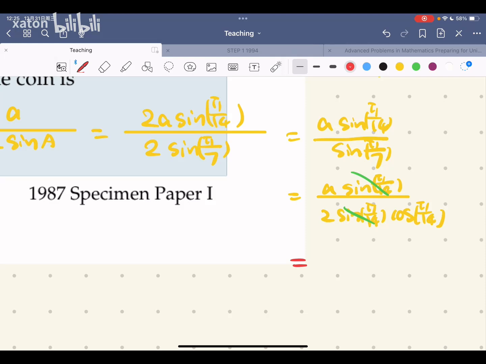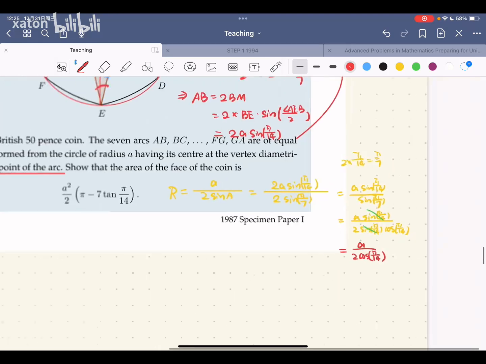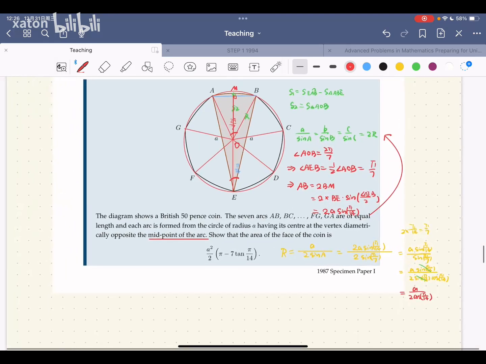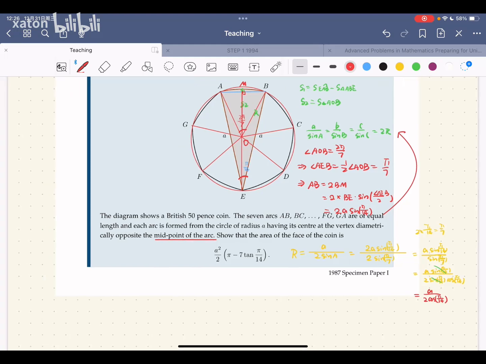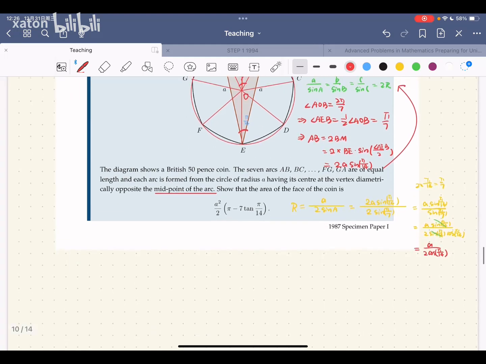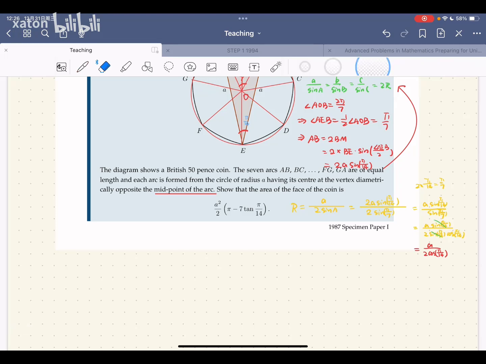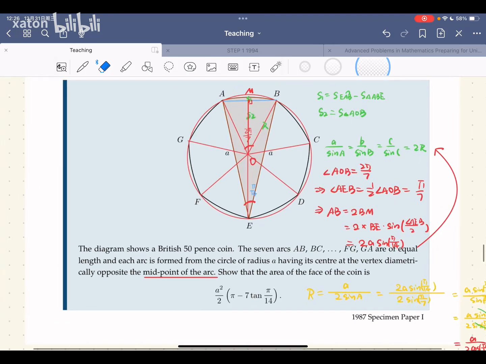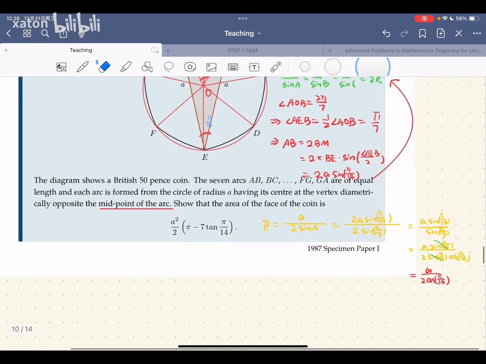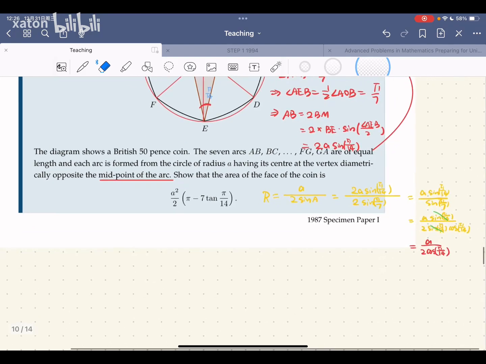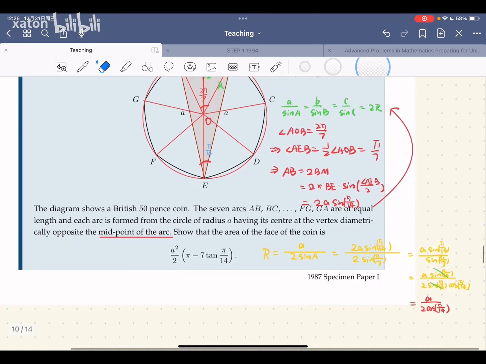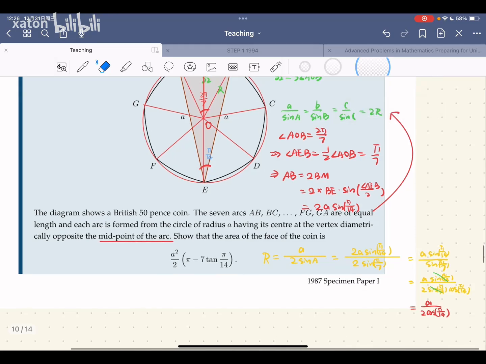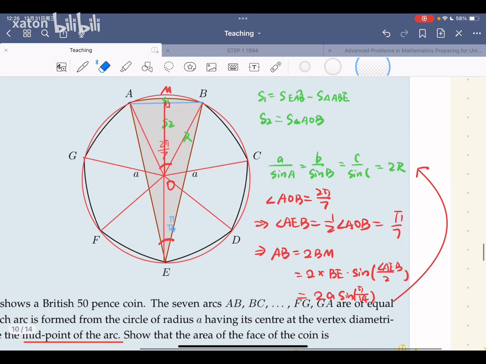The answer is b over 2 cosine pi over 14. Yes, so we get it. In fact, maybe we don't need the sine rule to get it, but this is quite straightforward and doesn't really require any deep thinking. We could play some tricks in the triangle, but that's not that easy and requires more thinking. So now we have the radius R, and let's keep executing our plan.